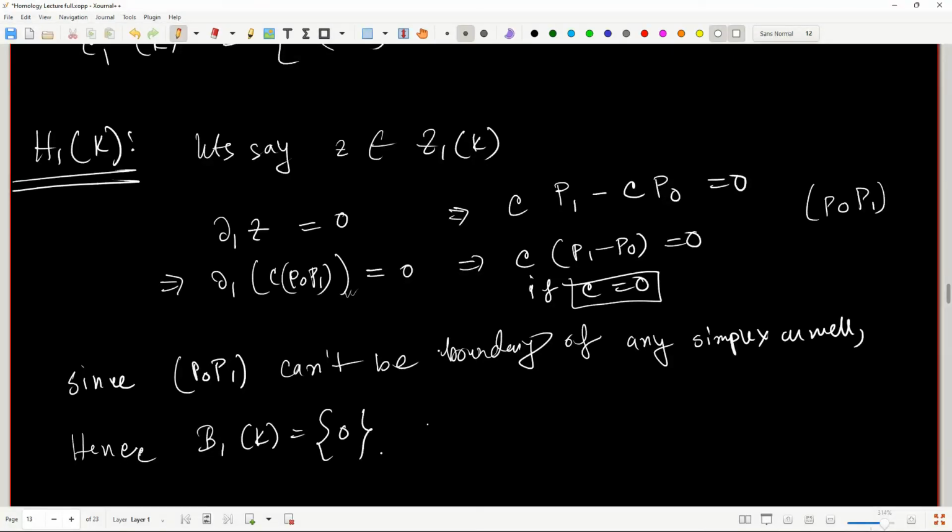So we have all the ingredients, and finally we want to compute h1 of k equals to z1 of k by b1 of k, which is just a 0.